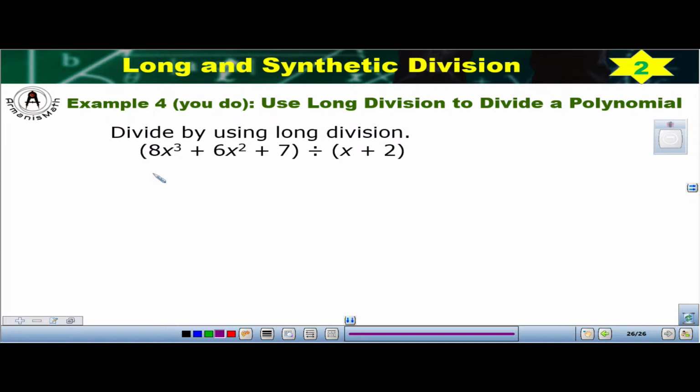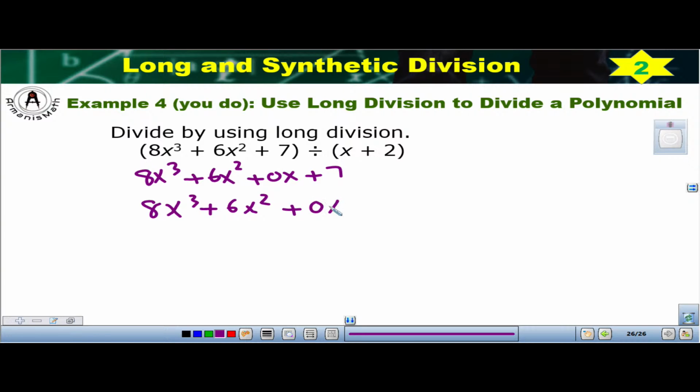So basically I have to say this is 8x cubed plus 6x squared plus 0x to the first power. Callie, I see that. That looks good. Plus 7. We're going to have to do it in this format here. So once again, 8x cubed plus 6x squared plus 0x plus 7.